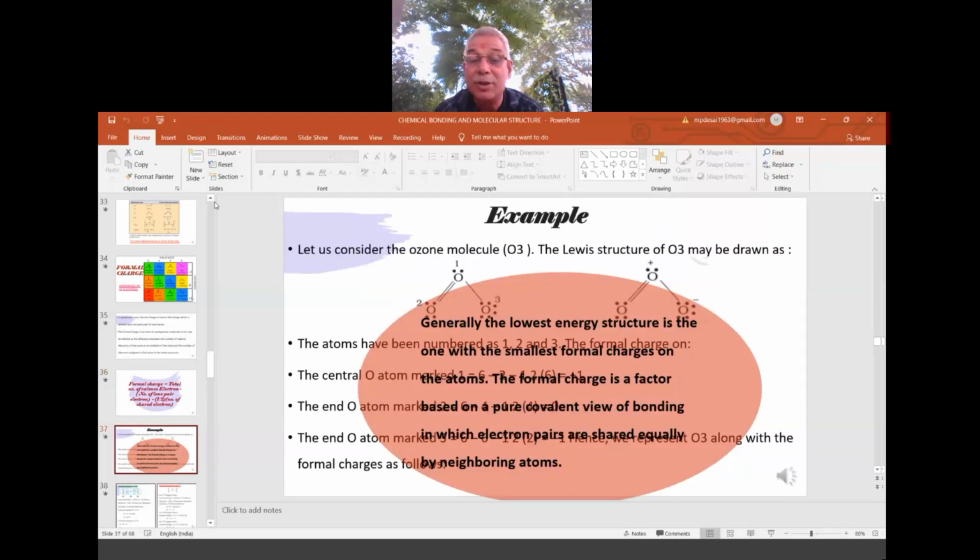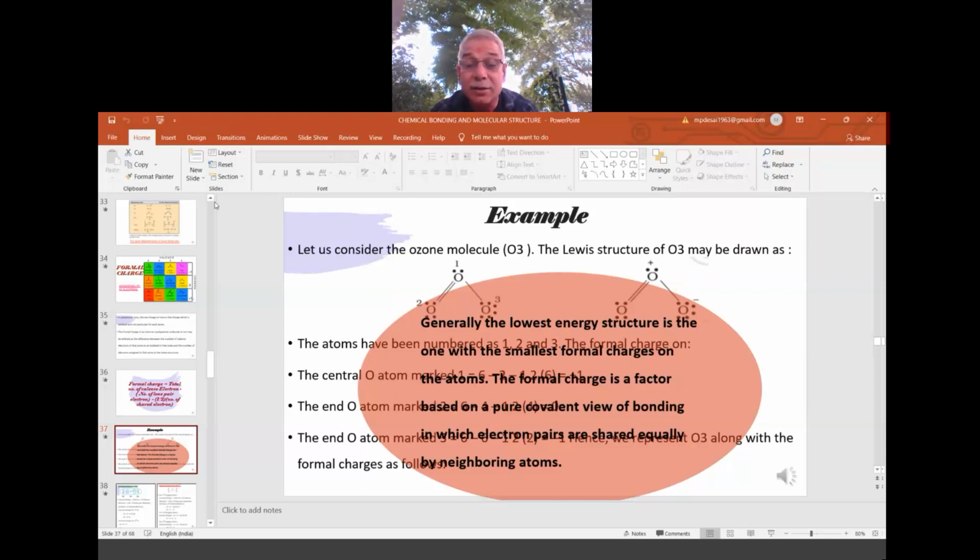So the atoms have been numbered as 1, 2 and 3. The formal charge on the central O atom marked as 1 is 6 minus 2 minus half of 6, which is equal to plus 1. In the same way, on the second oxygen atom, it is 0, no charge.